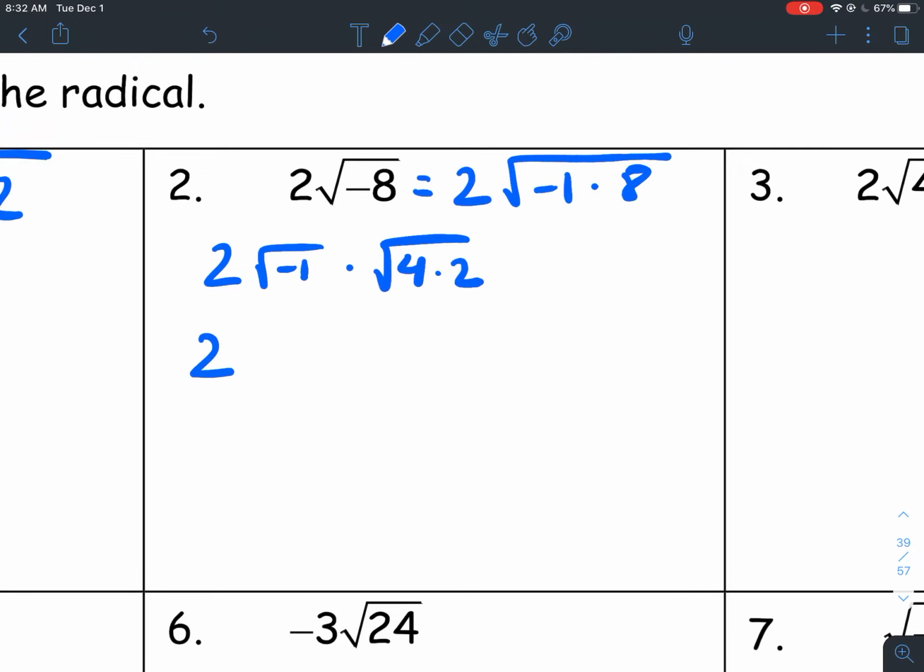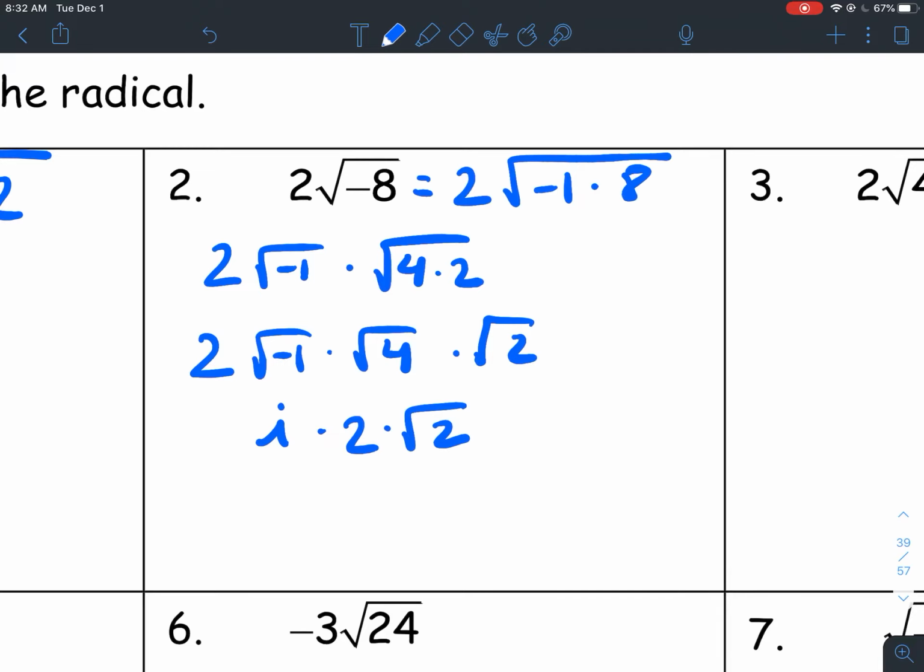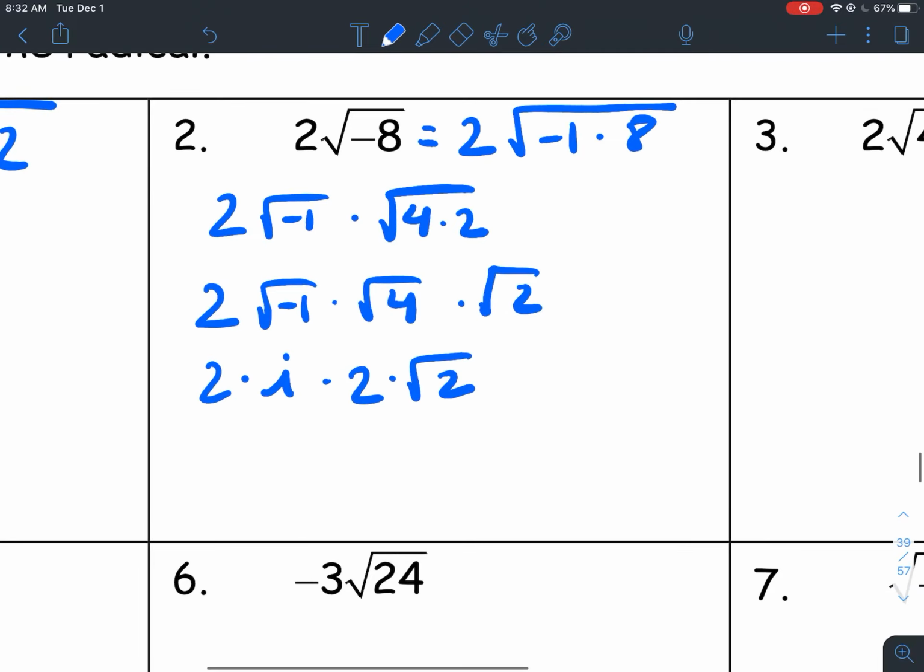So we can even break this down further. We get 2 times root -1 times root 4 times root 2. Well, root -1 is i. Root 4 is 2. You can't break down root 2. And we got this 2 out in front, so we're going to multiply these 2s. So we get 4i root 2.